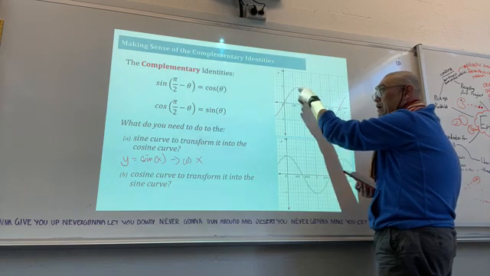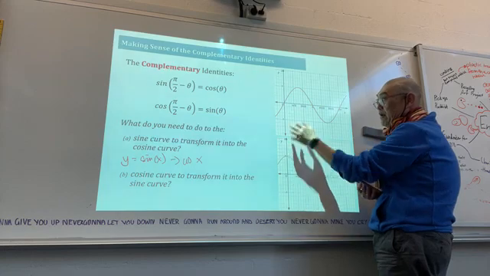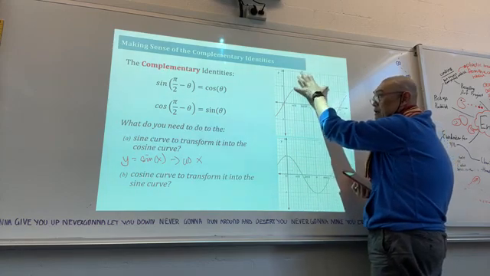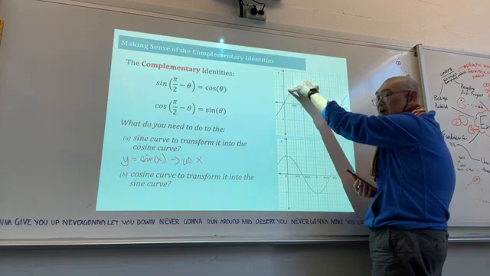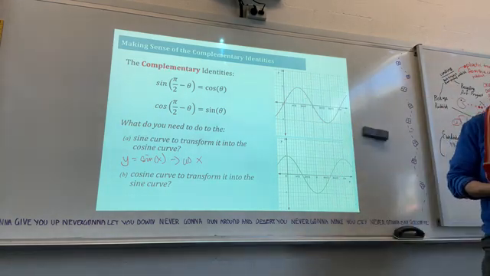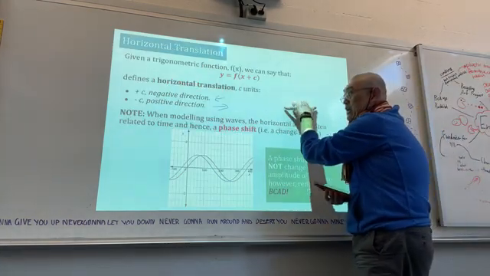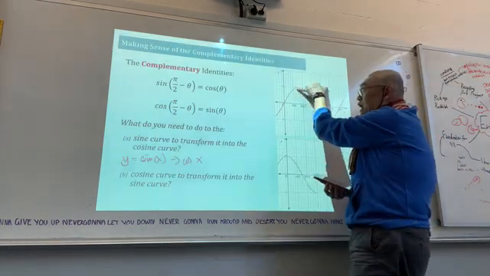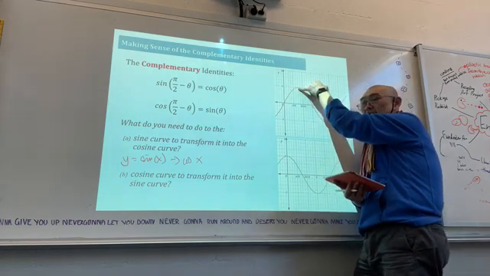That way or that way? Left. Which way? So think about it, this is going to move down here. You're going to shift it in the negative x direction, correct? Yeah? So shifting it that way, in that direction. So how many pi over 2 do we need to add to this, or take away from this?